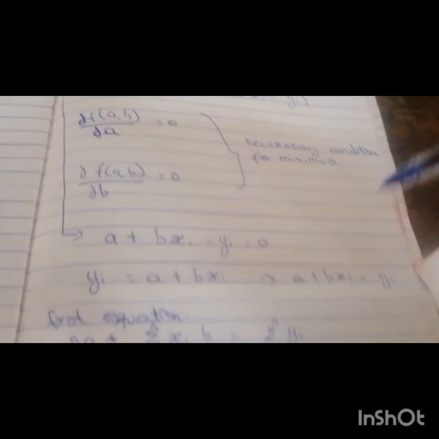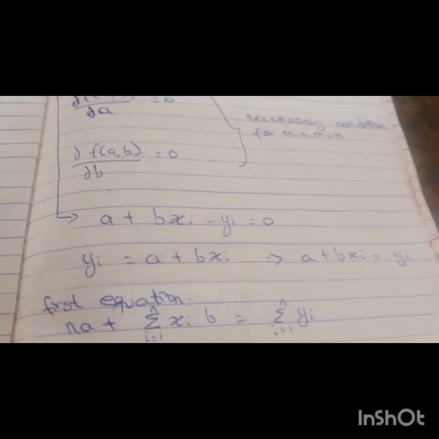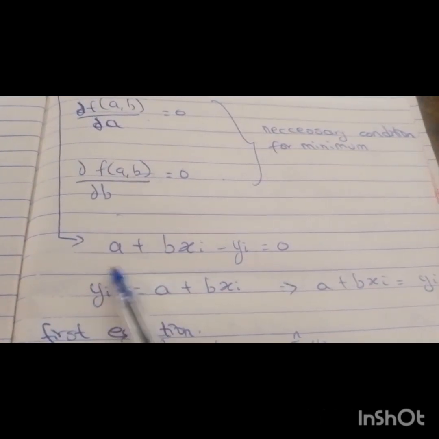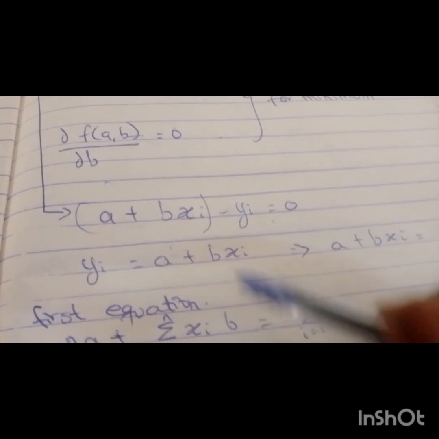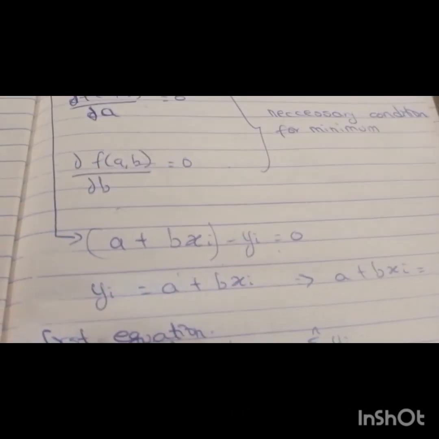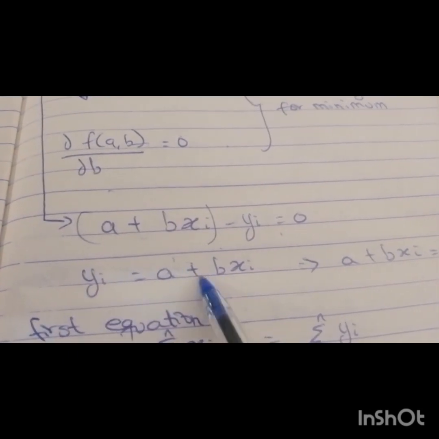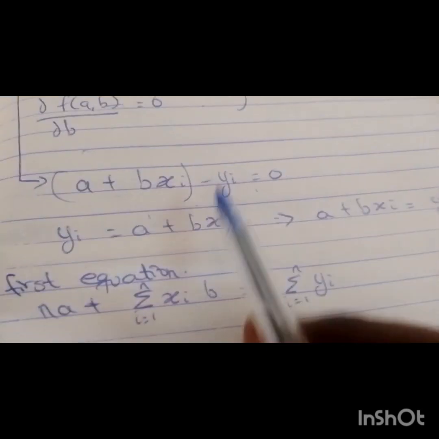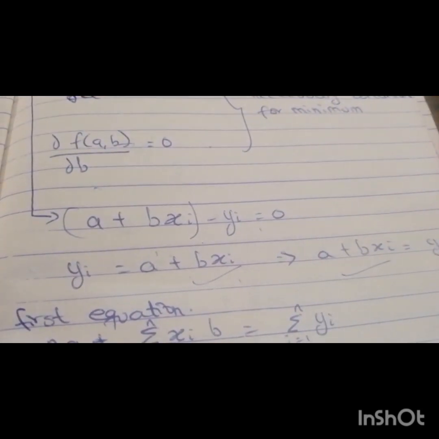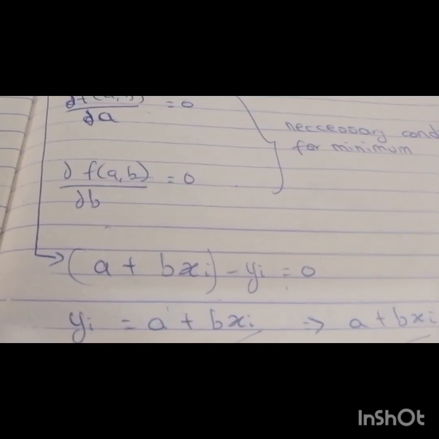Okay, so let's get to a particular form here. We have a plus bx minus yi. You can see this whole thing as some f of x. So this is an error. We can have y equals a plus bx, and that also gives us a line. These things are simply the same thing.